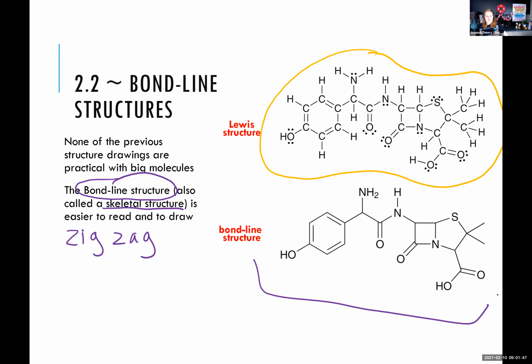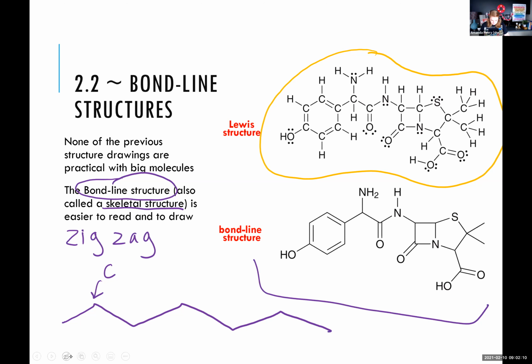So it looks like we're missing a bunch of atoms, but every time there's a bend in that line, it's representing a carbon. So because carbon is the basis of everything we're doing in this class, we know that that's going to be the most common atom. We also know that carbon is almost always bonded to hydrogens.